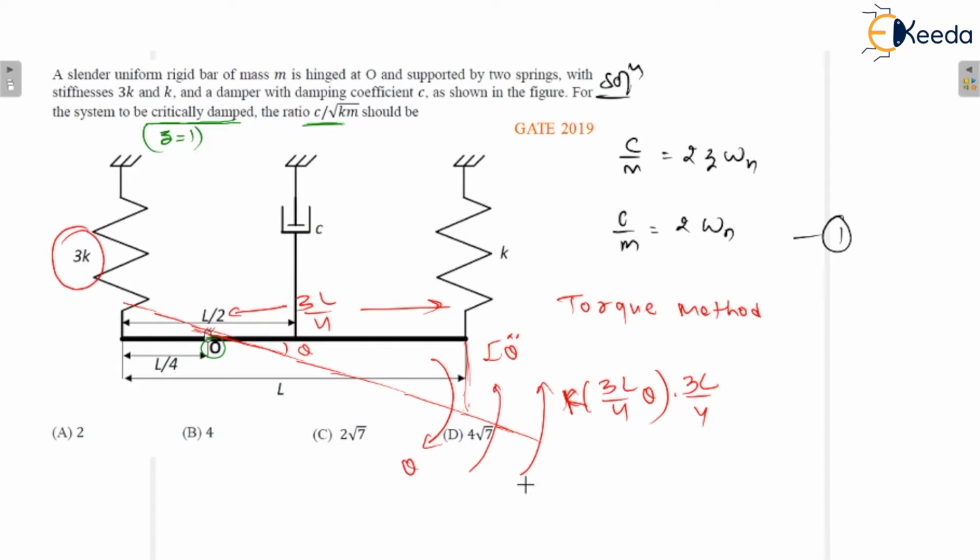For the other spring, again there will be a force in the same direction, anti-clockwise. The spring stiffness is 3K, and the displacement is L by 4 into theta, and the torque is about the hinge point, so the arm is L by 4. You can see in the diagram all torques are in the same direction, anti-clockwise, so we can add them.